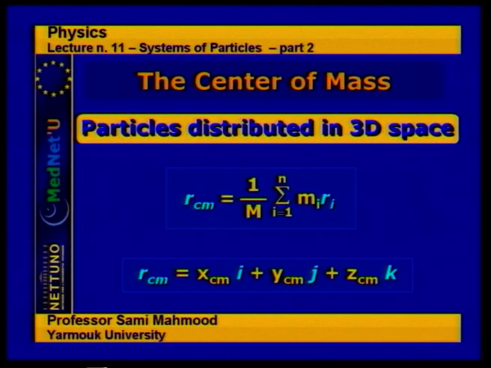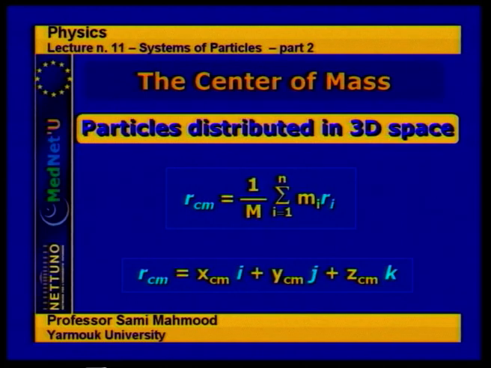And if we divide these forces acting on the individual particles into two categories, external forces and internal forces, then F1, for example, is equal to F1 external plus F1 internal.